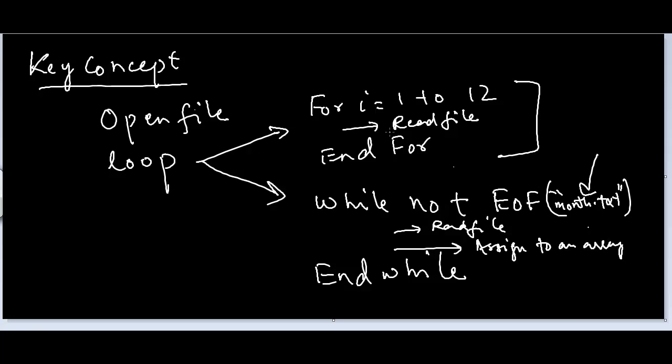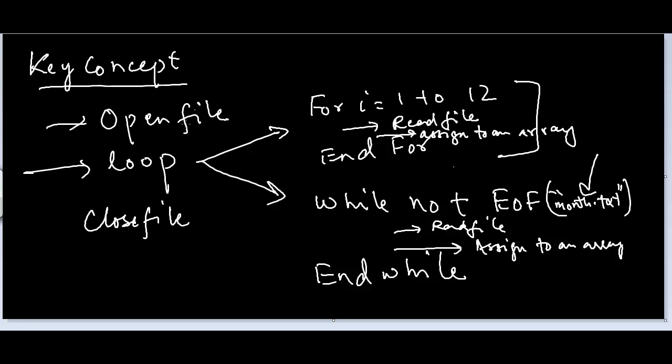And we are going to do this here also, right? So we have to assign the value that we just read to an array. And finally we've opened the file, we've run our loop, and finally we're going to close the file. So that's going to be the basic solution for our problem.